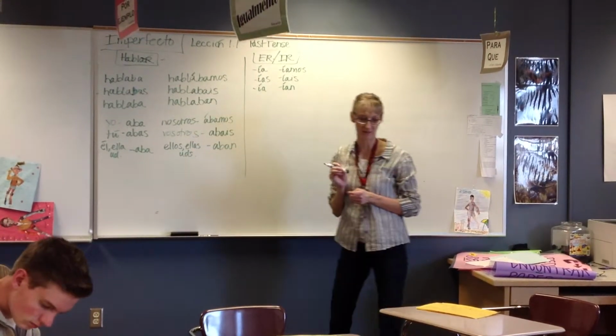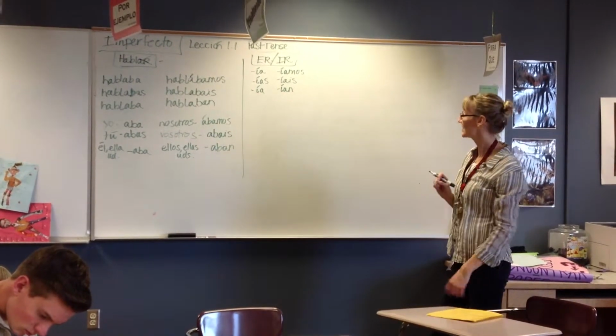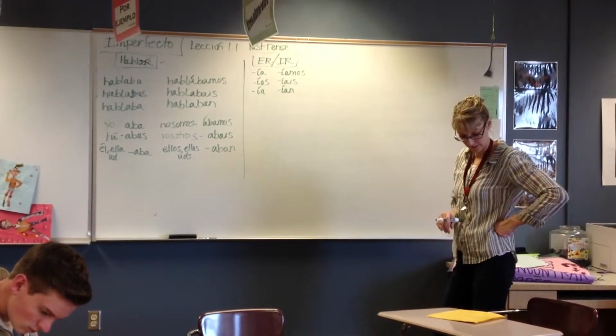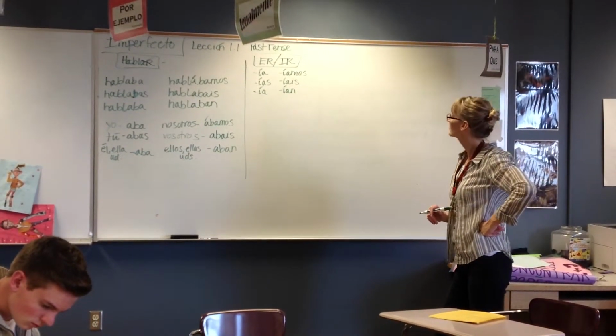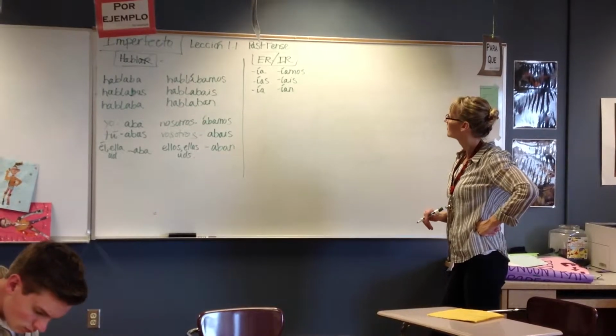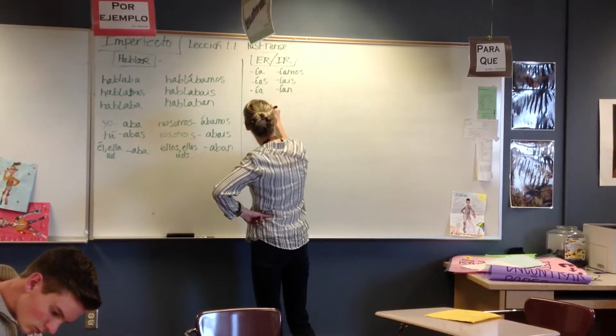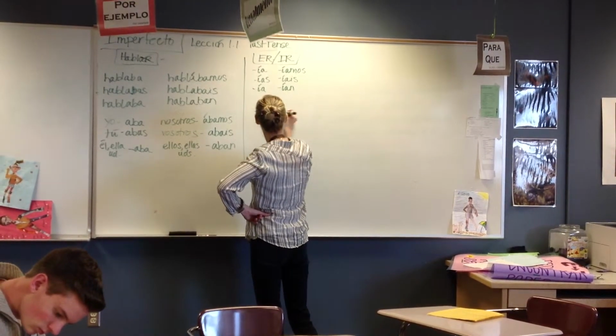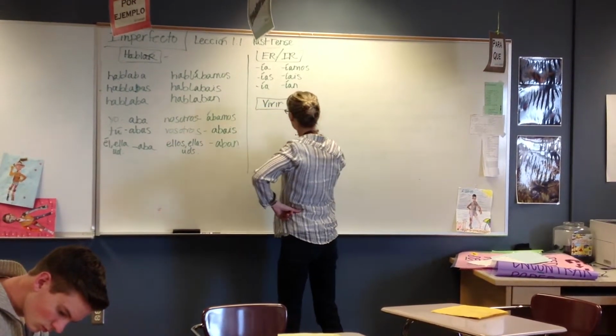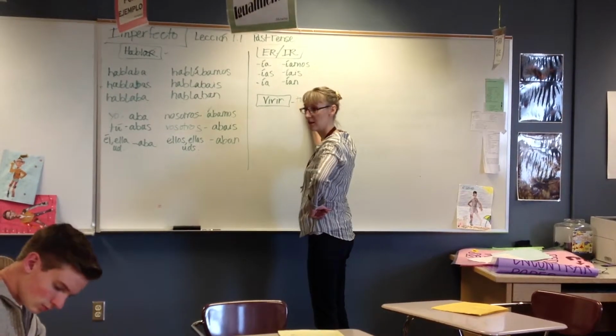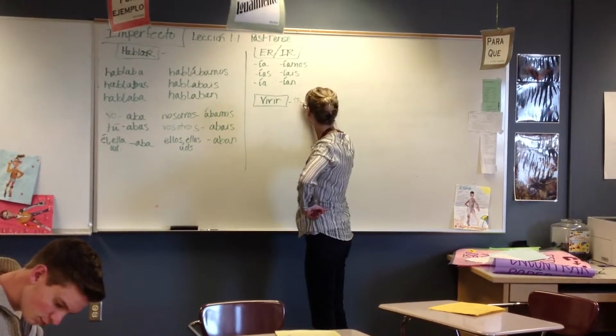Now what do you notice about all of these? Acentos on every single form, right? And when you're ready, I'd like you to conjugate the verb vivir underneath it. Vivir is to live. Muy bien.